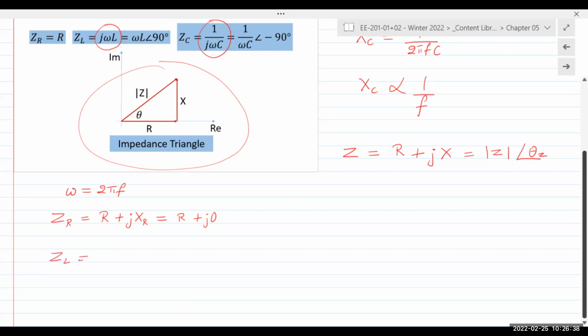ZL and ZC, however, are different. You would have RL plus JXL. For an ideal inductor, RL, the resistance of the inductor, is going to be 0. So it's simply JXL. And ZC is exactly the same way. Capacitor resistance plus 1 over JXC gives you 1 over JXC, which is minus JXC.